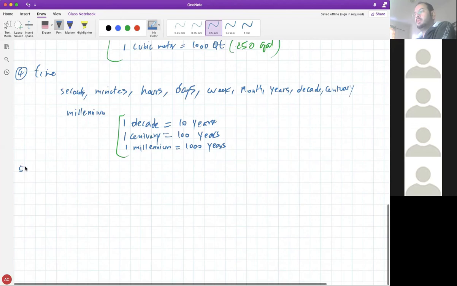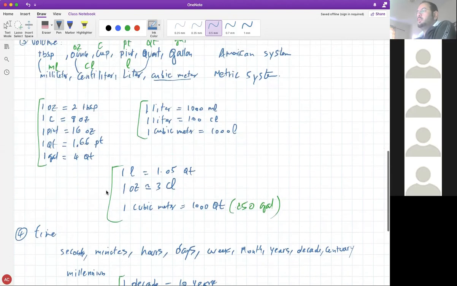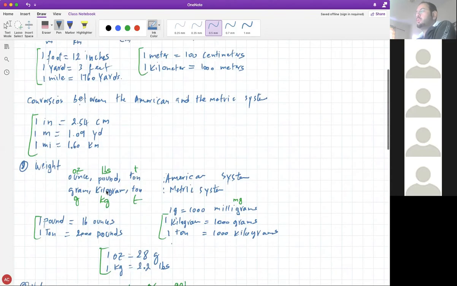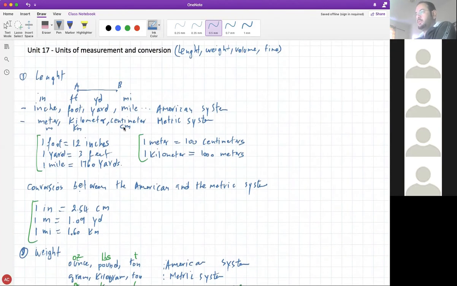Number 5, converting. Again, there is one method. It solves all the problems. If I show you one or two, you could do any other conversions. So let's start with a few of these.